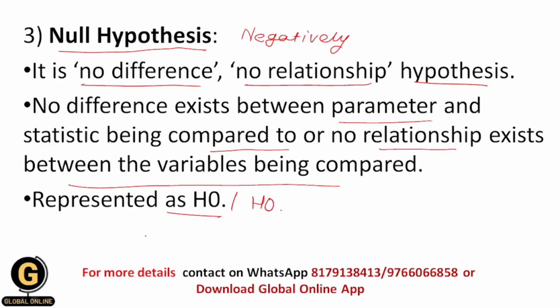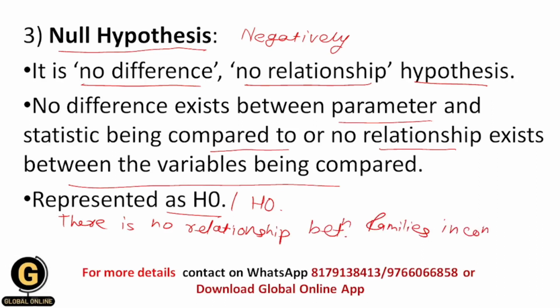For example, in the previous type, we said that there was a relationship between a family's income and spending on recreation. Whenever we want to state the null hypothesis, we will say that there is no relationship between family's income and its expenditure on recreation, right?